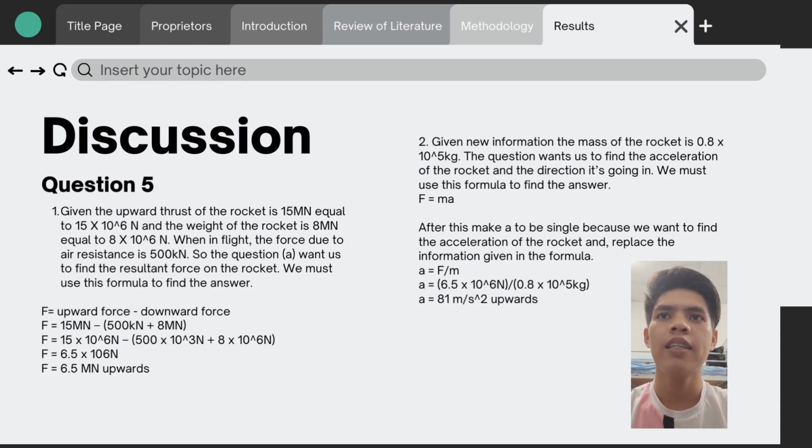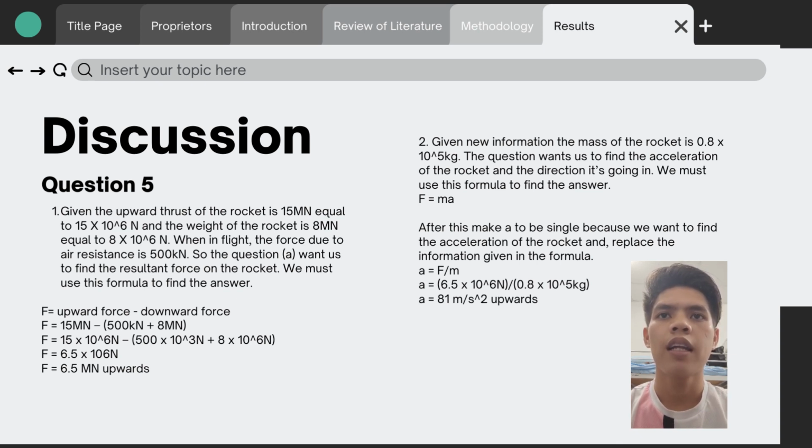The last question is question 5. It has two parts, A and B. So A, given the upward thrust of the rocket is 15 MN, equal to 15 times 10 power of 6 Newton, and the weight of the rocket is 8 MN, equal to 8 times 10 power of 6 Newton.